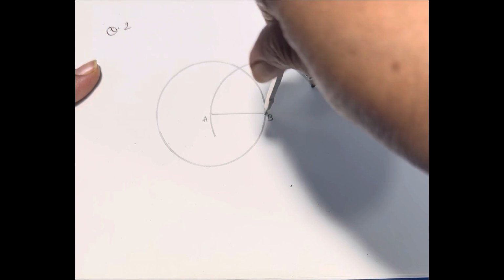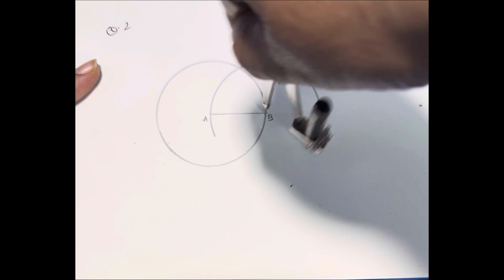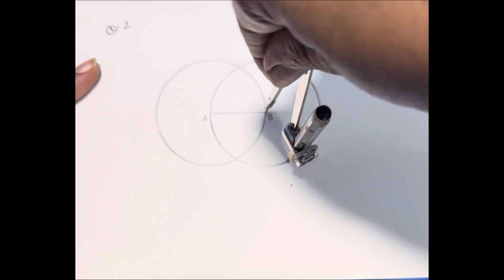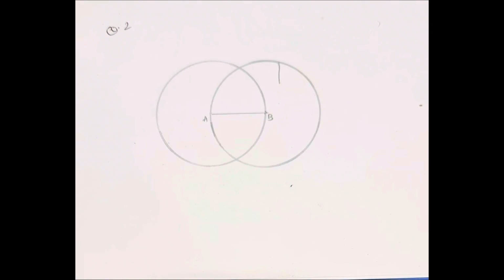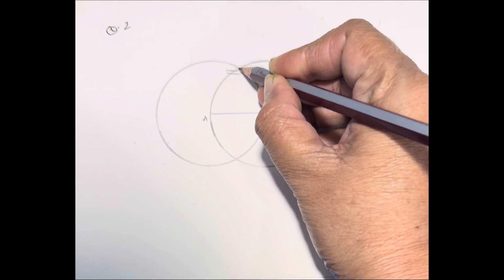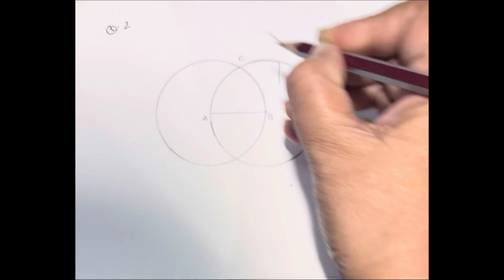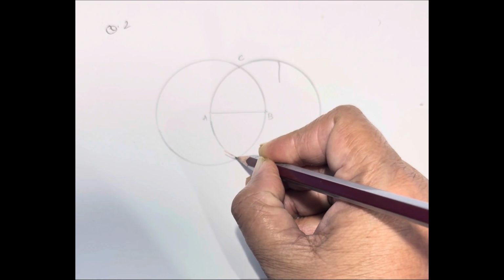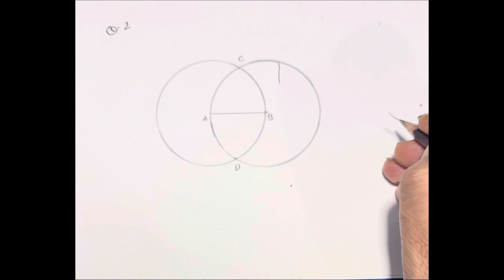This is already given in the textbook, right? So we are supposed to make isosceles as well as equilateral triangle both. So what we'll do, we will join the points here. We can mark this point as C, this point as D.